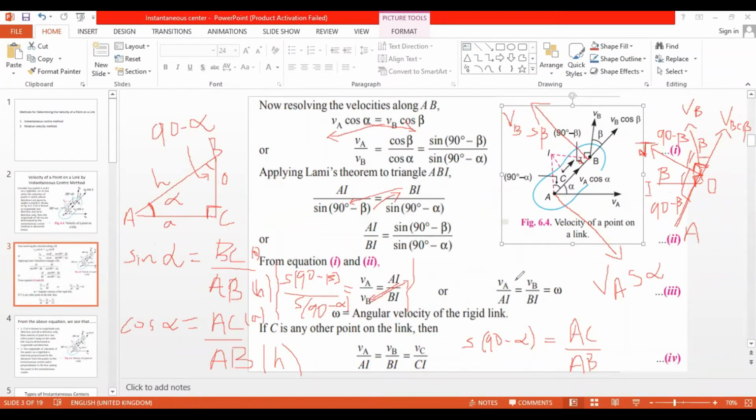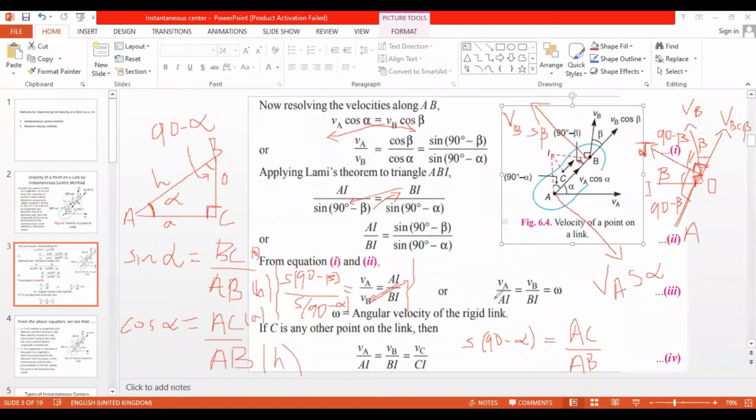So VA is a velocity, right? V is a velocity, VA is a velocity. AI is a distance, right? AI is a distance. So VA upon AI, velocity upon distance. Okay.